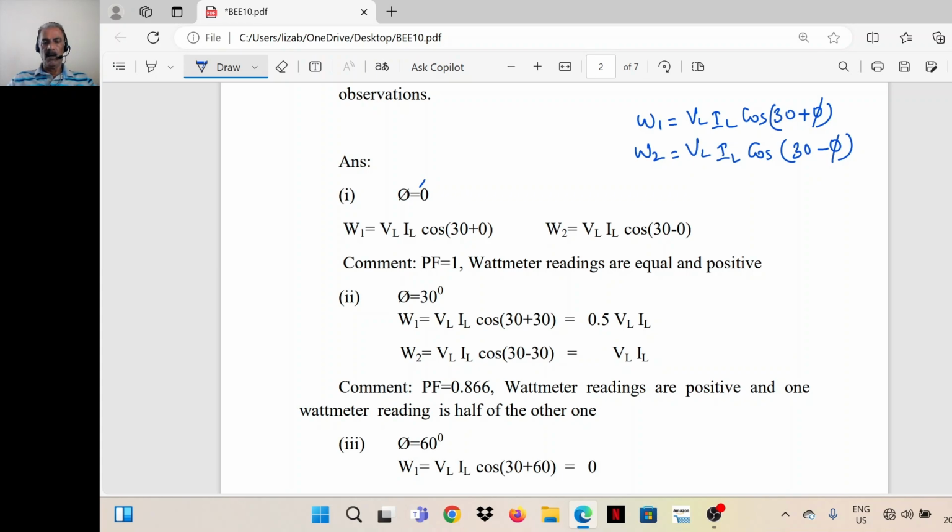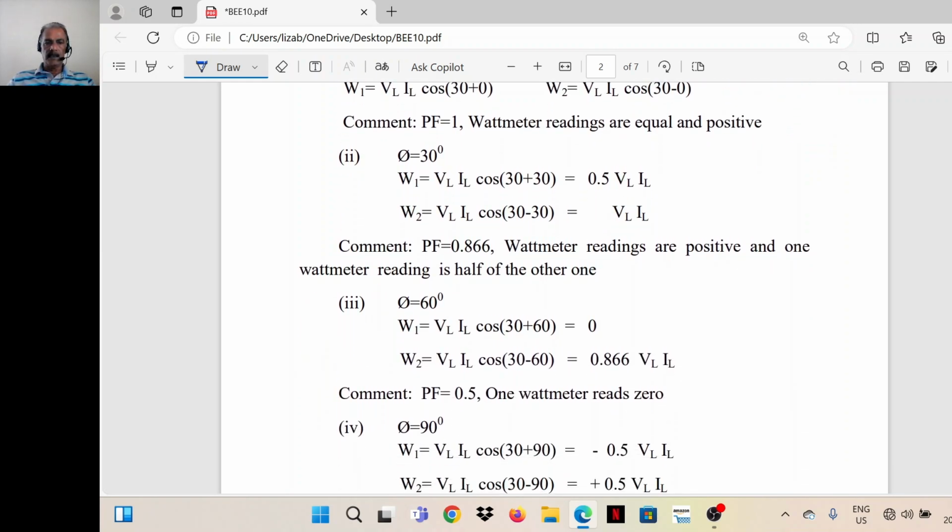At that time, both the wattmeter readings are positive and one wattmeter reading will be half of the other one. That is the observation made when power factor angle is 30 degrees. Both the readings are positive and one of the wattmeter readings will be half of the other one.